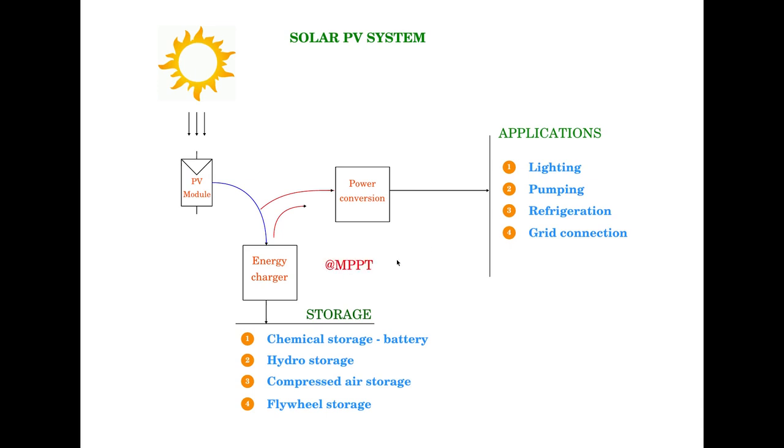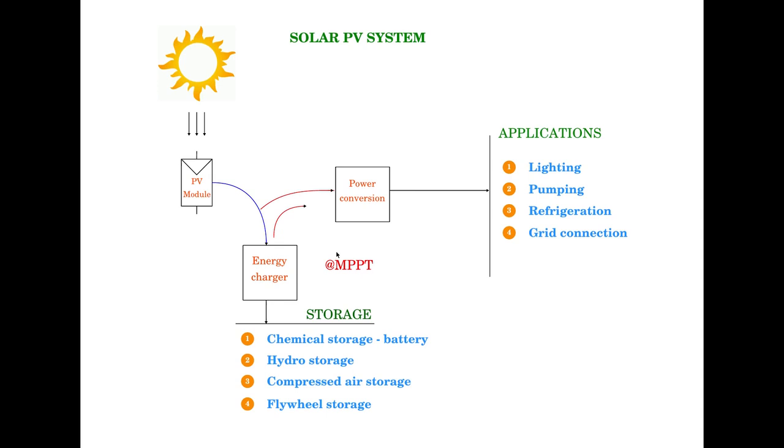Now what you should note is that MPPT, maximum power point tracker, is a very important term that you will be seeing more and more in the lessons to come. All the power converters and the energy converters must incorporate a maximum power point tracker.